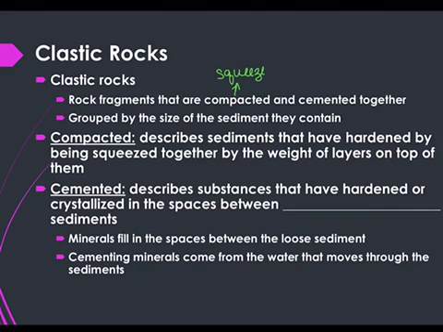So, compacted describes sediments that have hardened by being squeezed together. See, there's that key word. By the weight of the layers on top of them. Cemented describes substances that have hardened or crystallized in the spaces between different sediments. And usually it will be minerals that are filling these spaces.